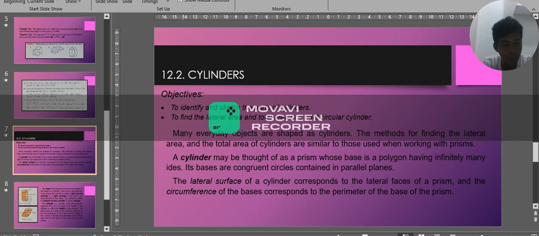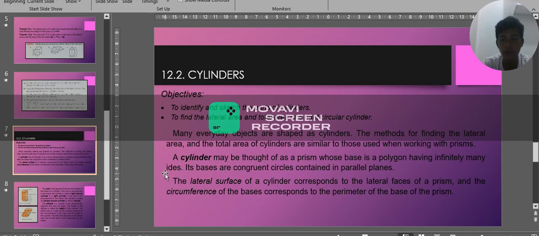However, the difference is that in a cylinder the bases are already in the form of a circle, two circles from top to bottom. A cylinder may be thought of as a prism whose base is a polygon having infinitely many sides. Its bases are congruent circles contained in parallel planes.